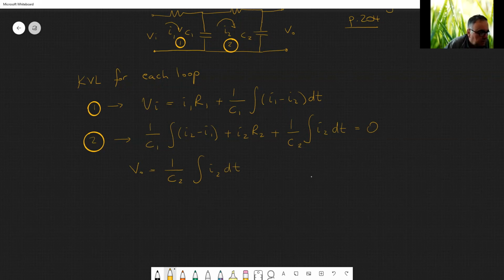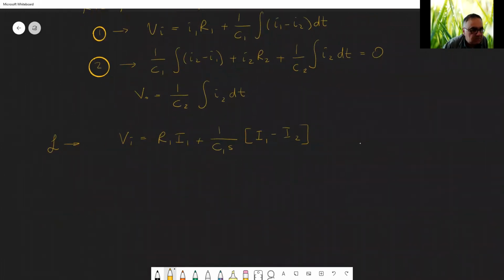So we take the Laplace transforms of these equations. VI is equal to R1 I1 plus 1 over C1S times I1 minus I2. This is the first equation.